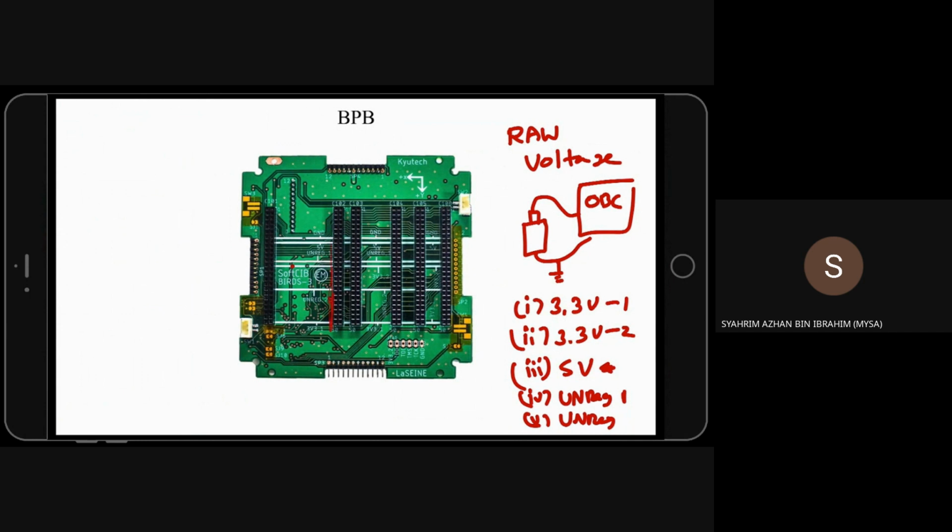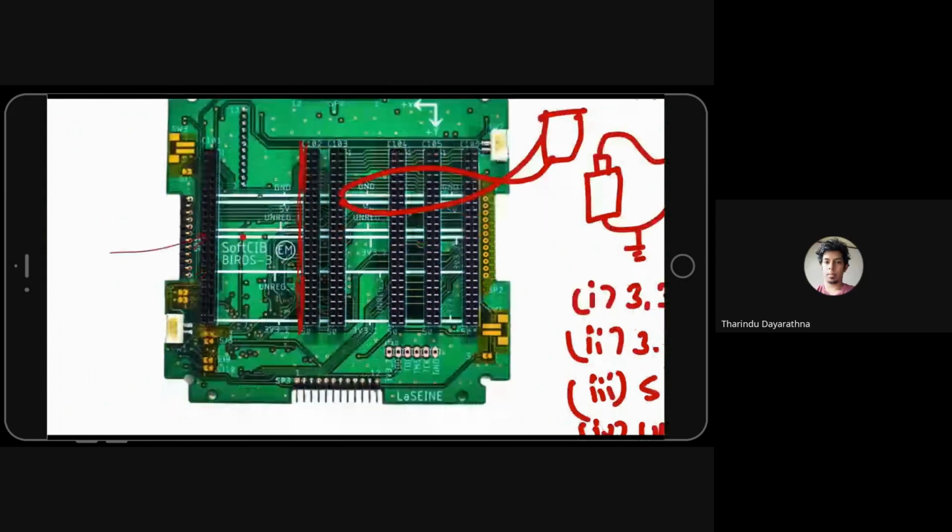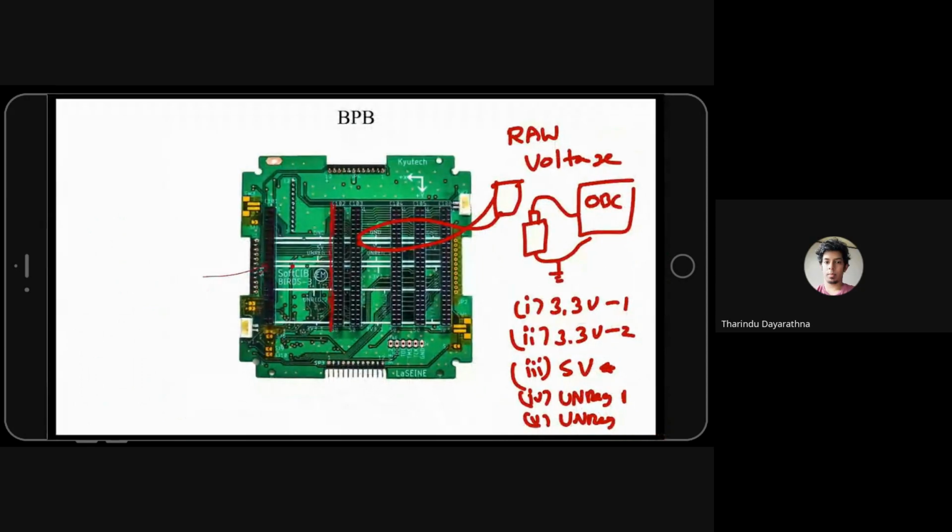You give low voltage power through a jumper here. You don't need a battery. Then somewhere here, as an example, this is the 5-volt line. Put a jumper and connect it to the load and get the ground also. You don't need other boards actually.